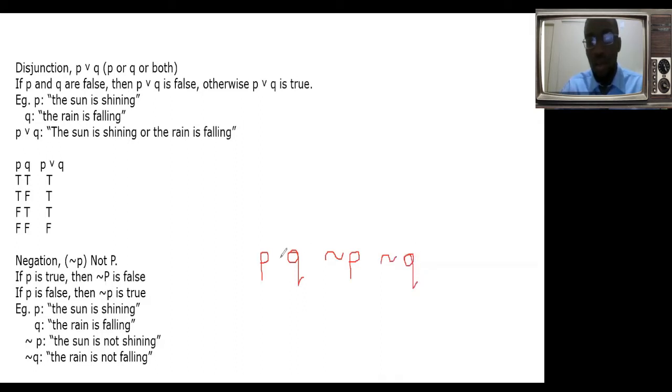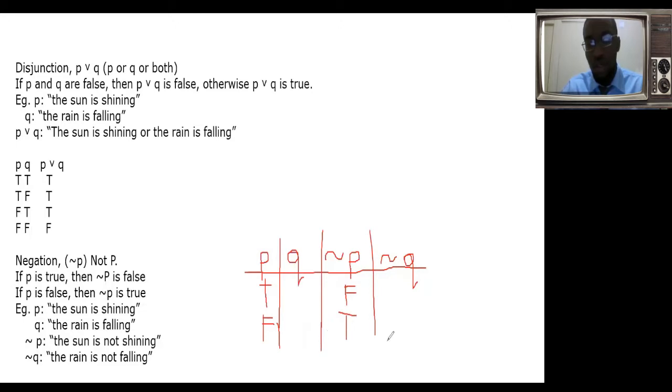Now there are only two possibilities for P, and there are only two possibilities for Q. So the possibilities for P are either true or false. And so the negation of P would be false or true, because the negation of true is false and the negation of false is true.